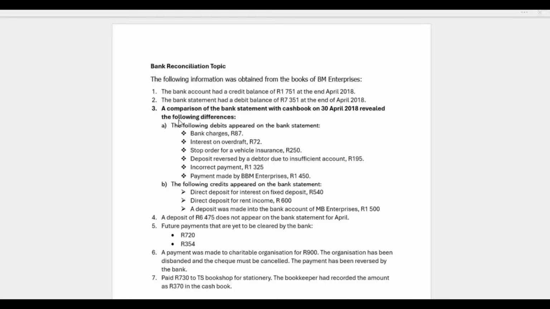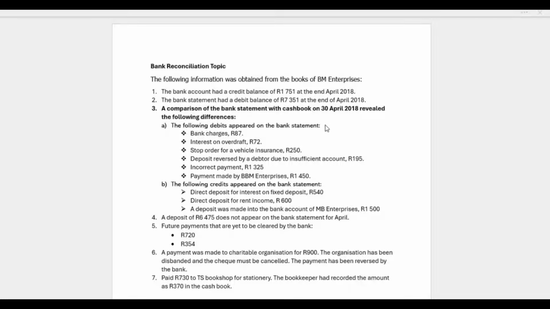Transaction number 3 says a comparison of the bank statement with the cash book on the 30th of April 2018 revealed the following differences. The following debits appeared on the bank statement: bank charges.